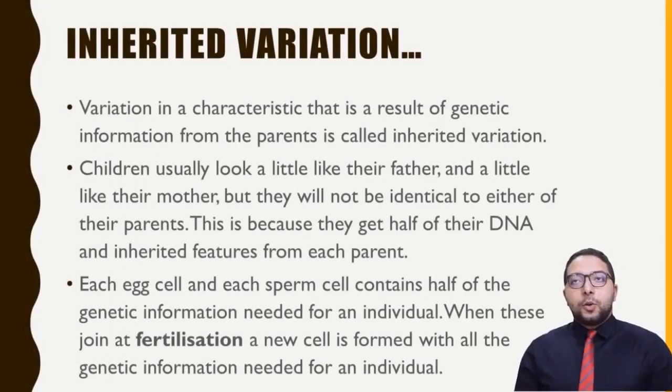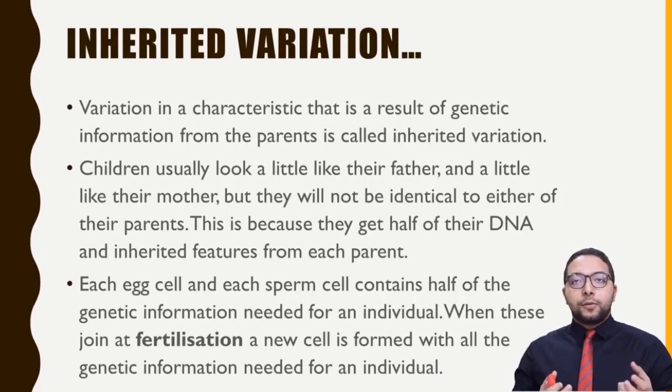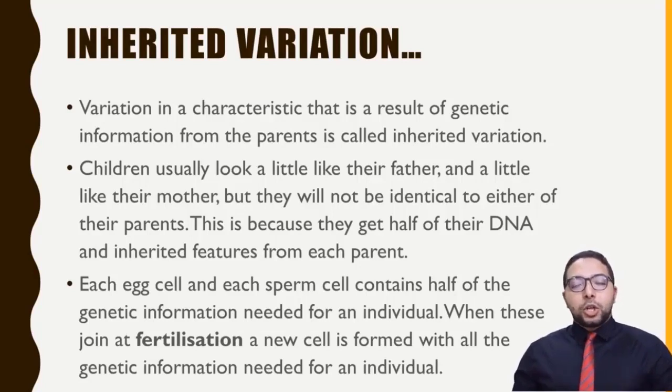Inherited variation. We said the variation based on inheritance comes as a result of passing the genes, or the information, the DNA, from the father and the mother to the offspring. As you know, children usually look a little like their father and a little like their mother, but they will not be identical to either of them.